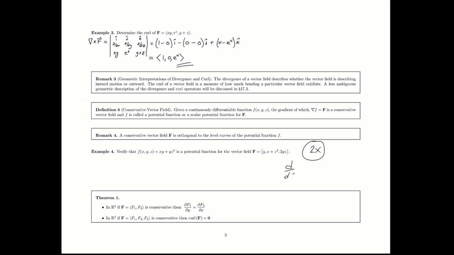The derivative of 2x is 2, or excuse me, the derivative of x squared is 2x. So in this sense, we are kind of saying that this is a conservative scalar field. We don't use that terminology. You didn't see it in Calc 1, and we don't use it now. But really, that's what we're saying.